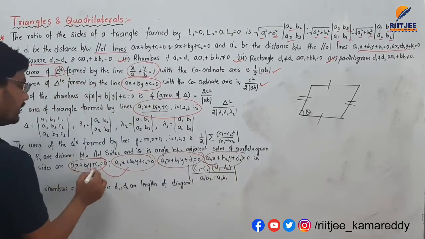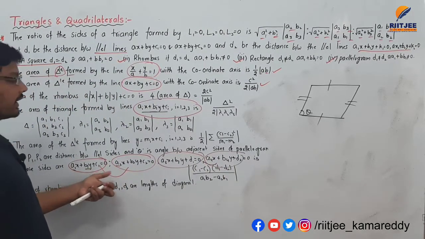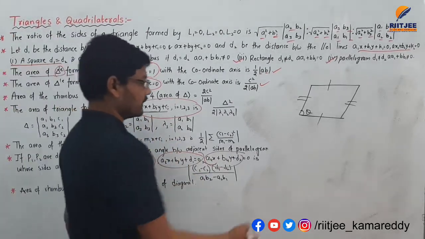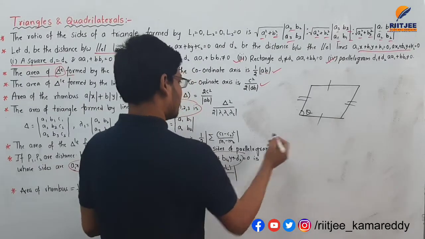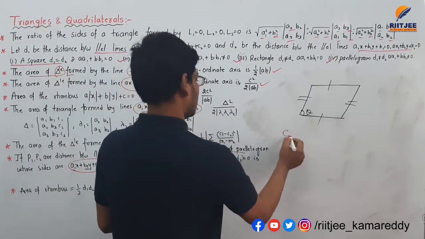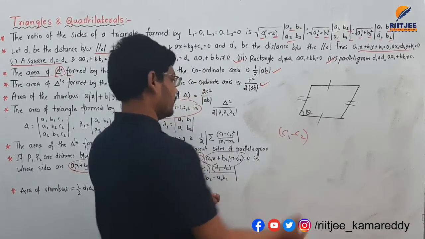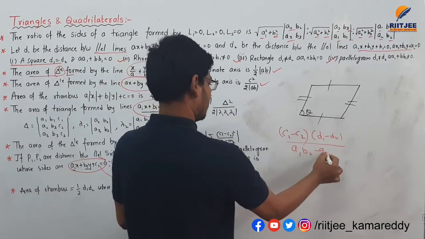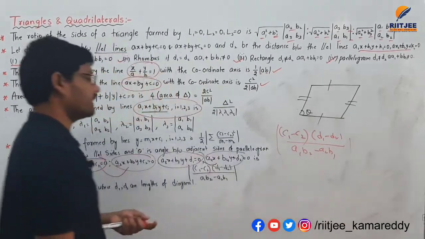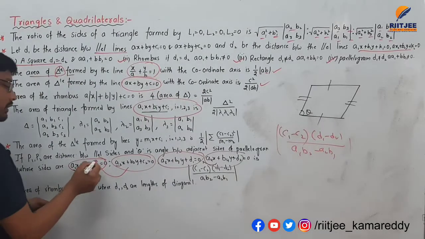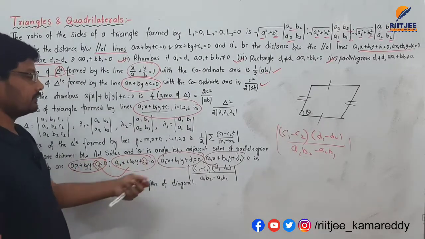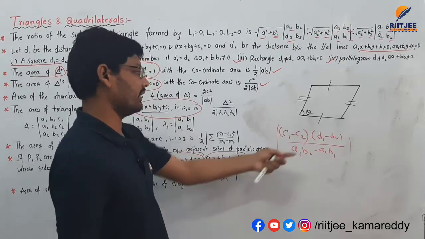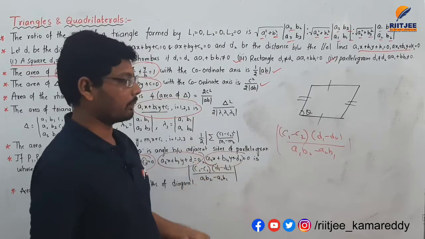Here a1, b1 are common in one set of parallel lines. Then if you want to find the area of this parallelogram, the condition is (c1 minus c2) into (d1 minus d2) divided by (a1 b2 minus a2 b1), modulus of the total value, where c1, c2 are constants and a1, a2, b1, b2 are coefficients. d1, d2 are the constants of the second set of parallel lines.